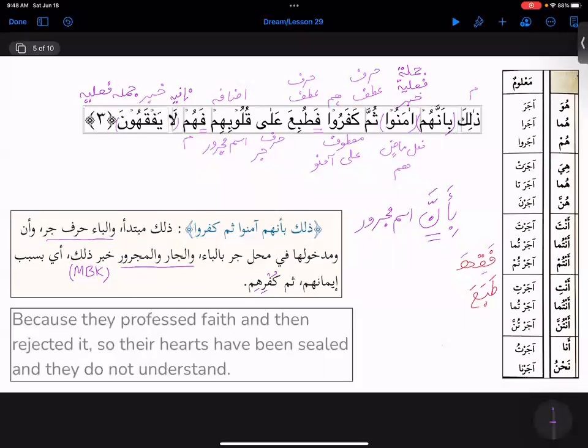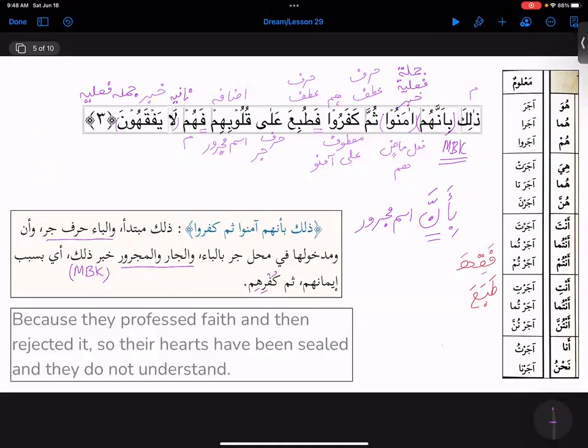متعلق بالخبر. MBK. And one more thing, I'm gonna tell you that in many Arab books, or many people teach that MBK, they take it as a khabar. They call it Shibbu Jumla Khabar.